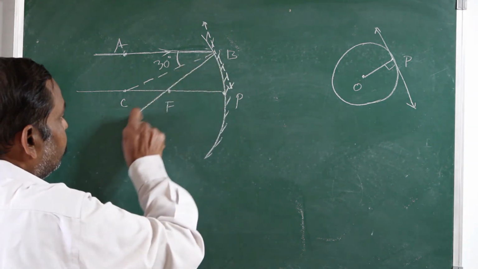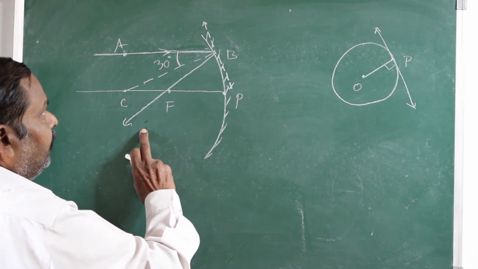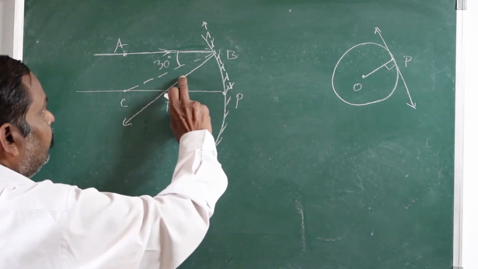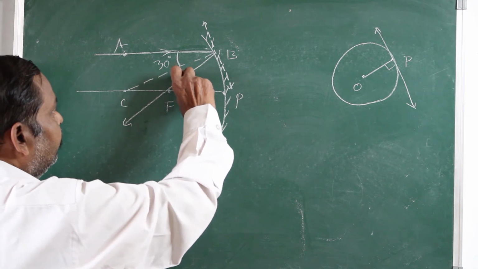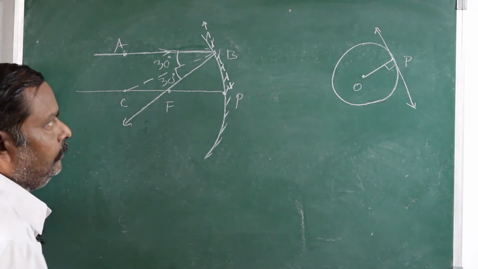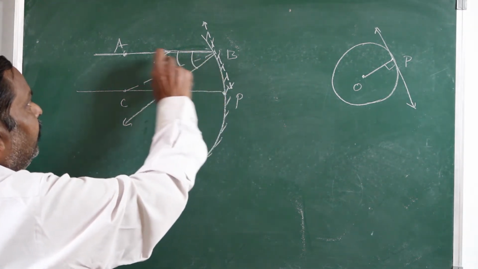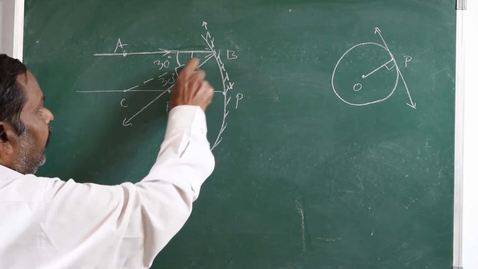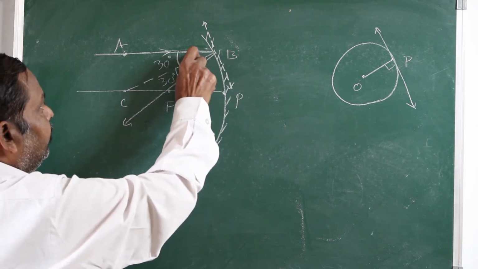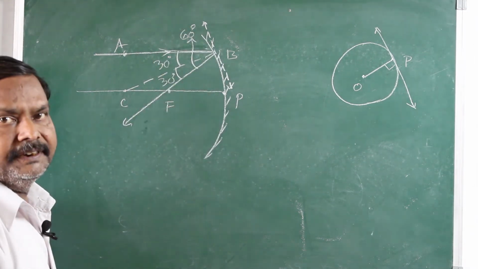This is the reflected ray. We know that the angle of incidence is always equal to the angle of reflection. This is also 30 degrees. So the full angle between the incident ray and reflected ray is 30 plus 30, that is 60 degrees.